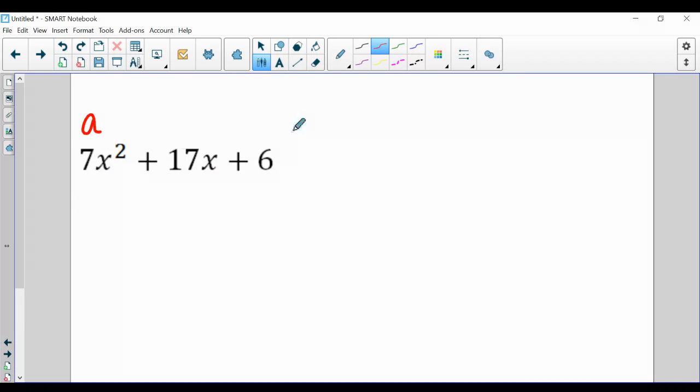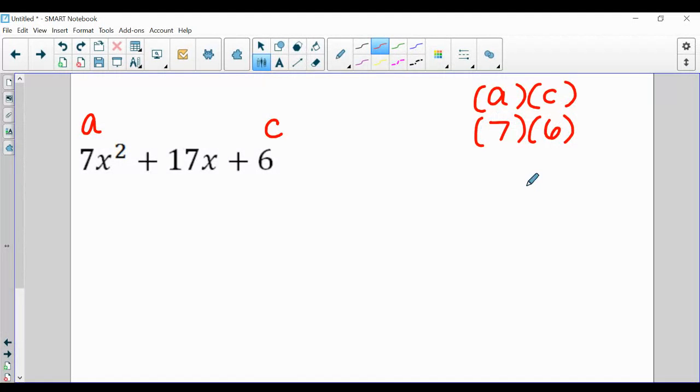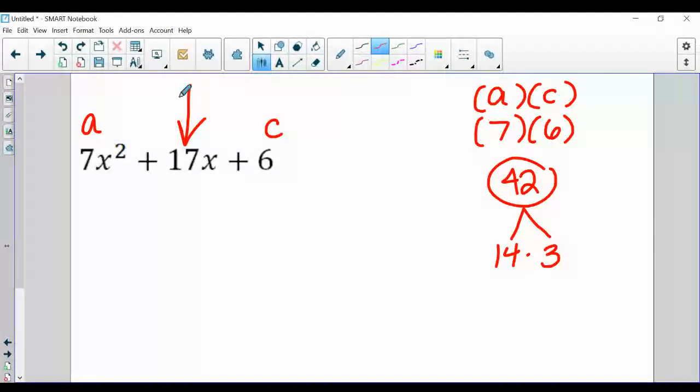We can take our a times c, which we already saw was 42, and we found the factors of 42. We said they were 14 times 3. So what I'll do is rewrite the middle term, because think about it. 14 times 3 is 42, and 14 plus 3 does add up to be the middle term.